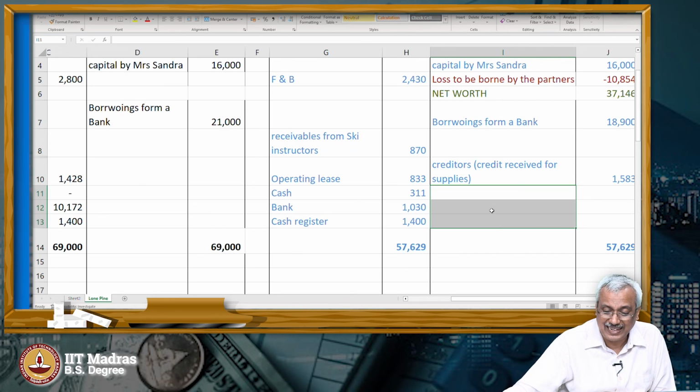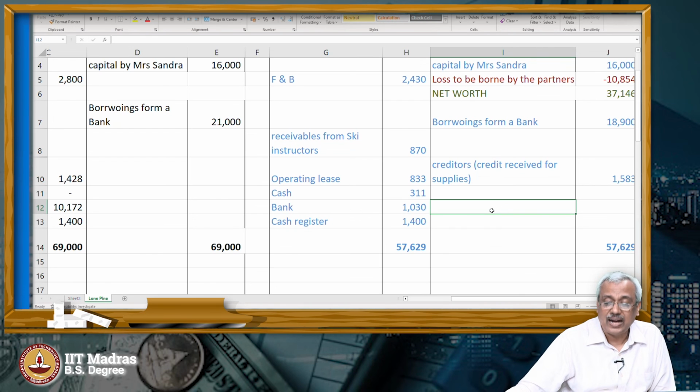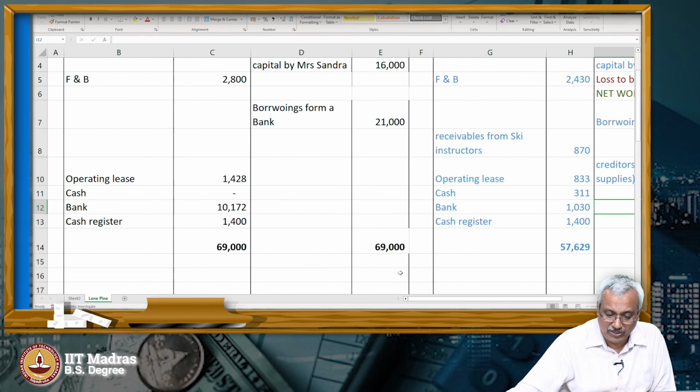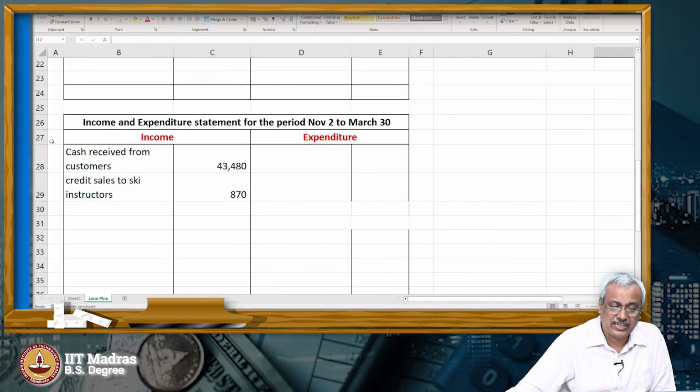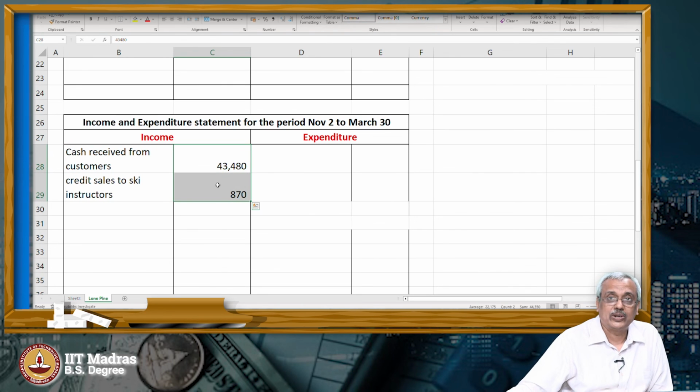Obviously, it is a liability and you do not see any liability. So, I presume all this cash received from customers is for the services that they have enjoyed from the cafe during the period November 2nd to March 30th and they have paid for it. And this is the credit customer. So, my revenue is both put together. I hope I am clear with this.